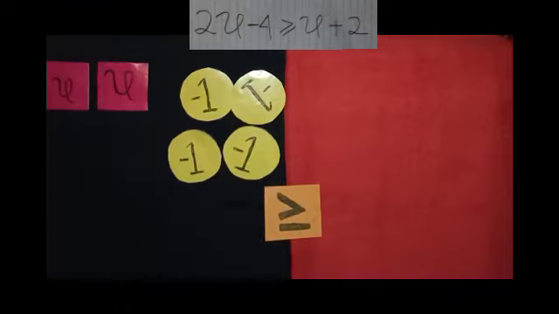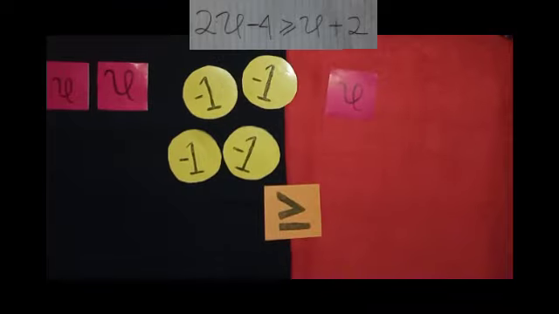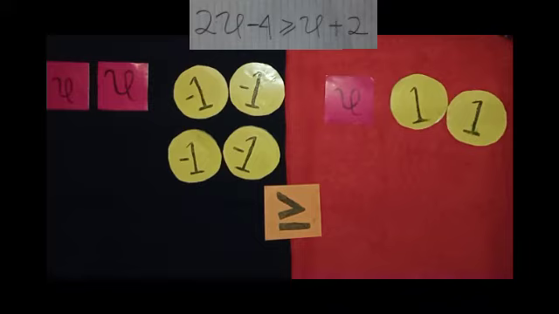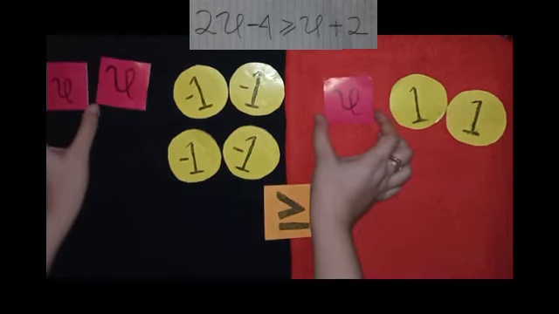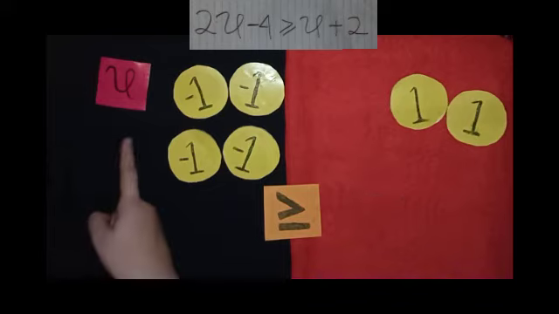Then, place 1x pink box and 2 yellow circle 1s on the red board. Second, take one x box on both sides, on the red board and the black one. We can't take any more because box x is not on the red board. Then there will be one x box left on the black board.